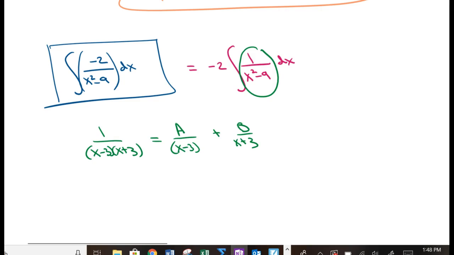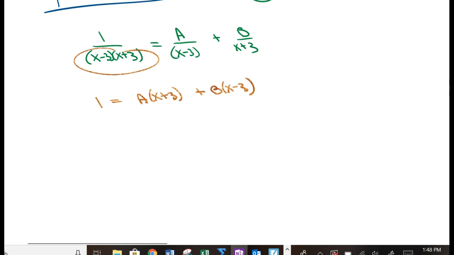Multiplying by the LCD on both sides of the equation gives us 1 equals a times x plus 3 plus b times x minus 3. I'm going to conveniently choose my values of x to solve for a and b. If I let x equals -3, I will get b equals -1/6. If I let x equal +3, I get a equals 1/6.